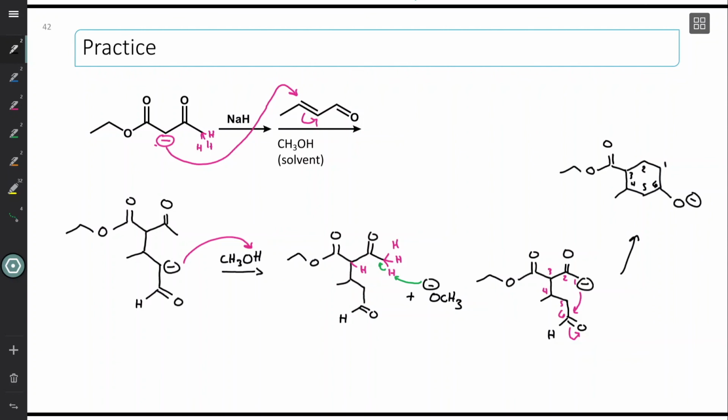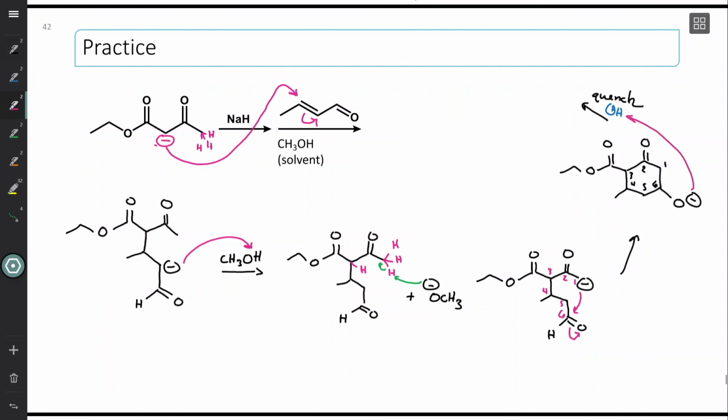And at 2, we had our ketone, right? And then we need to quench this as a final step, so that would become the alcohol.